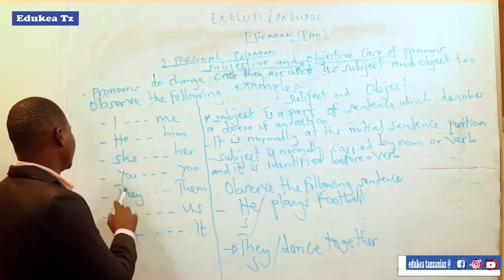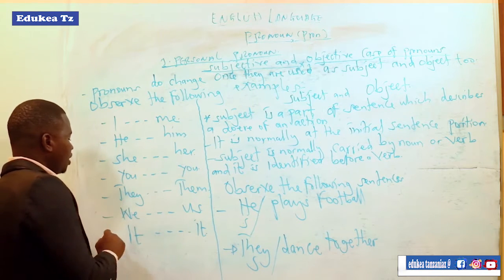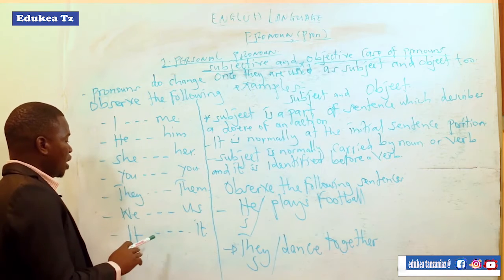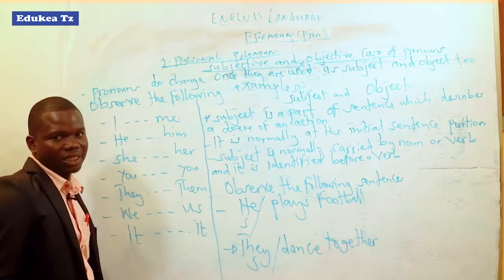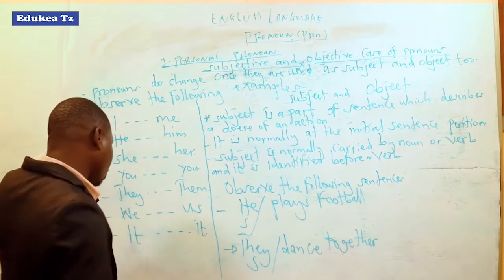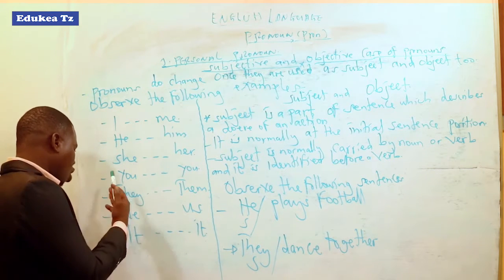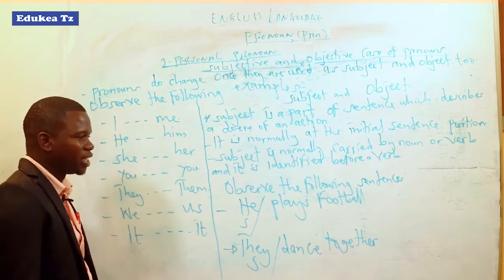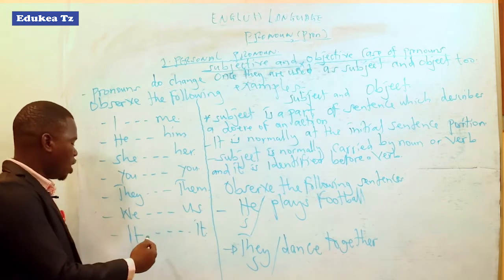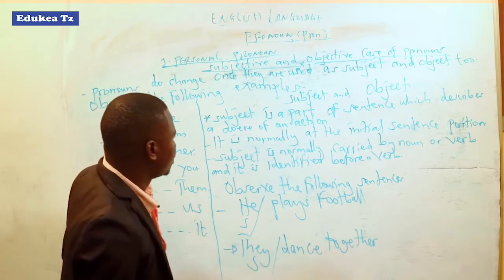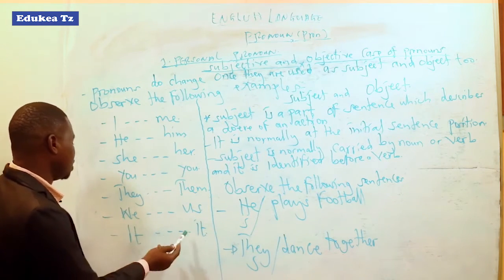We have another pronoun, you, but you remains as it is, you. They, as another pronoun, changes from they as subject to them as object. Again, we have we. This we is also a subject. When it is used as an object, it changes from we to us. The last one is it. This it remains it.